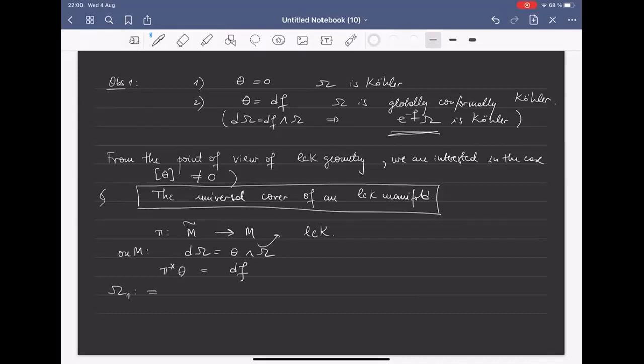By defining now omega, let's call it maybe better omega tilde, on the universal cover to be the exponential of minus f times the pullback of omega. So this is undoubtedly a Hermitian metric. This is Kähler.